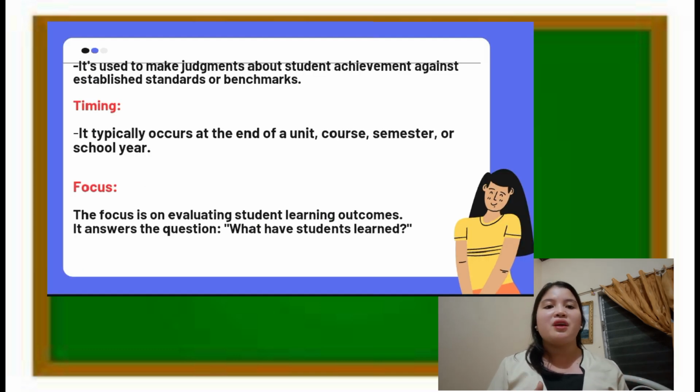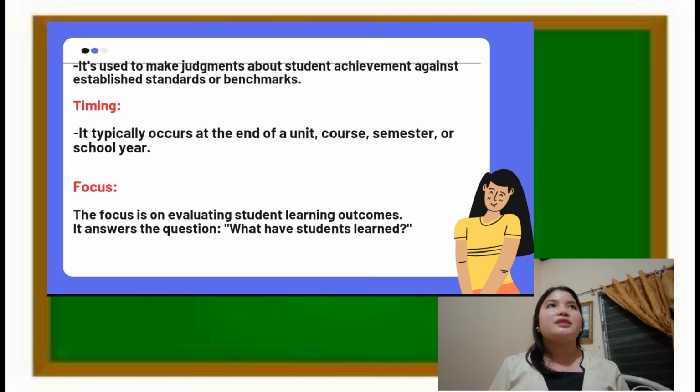It's used to make judgments about students' work and students' achievements against established standards or benchmarks.